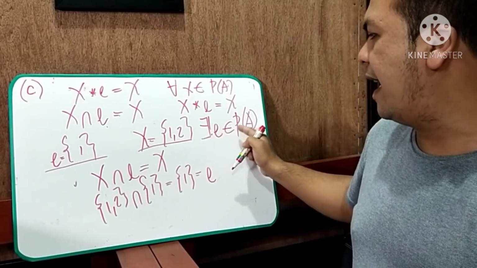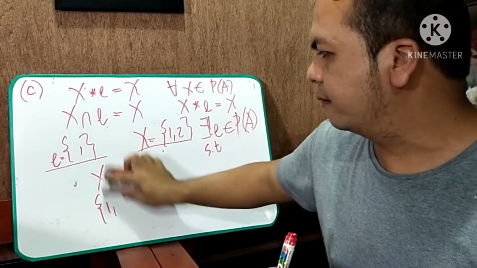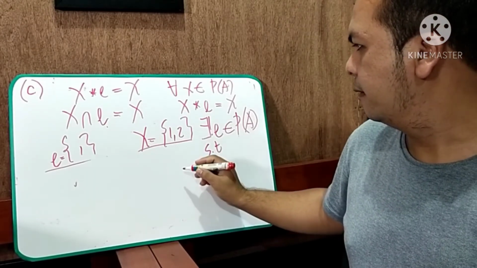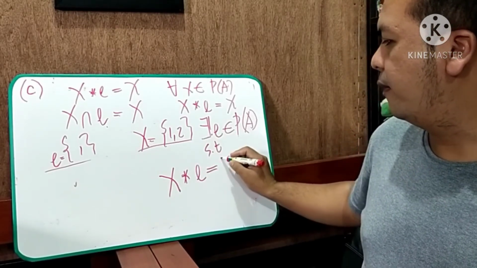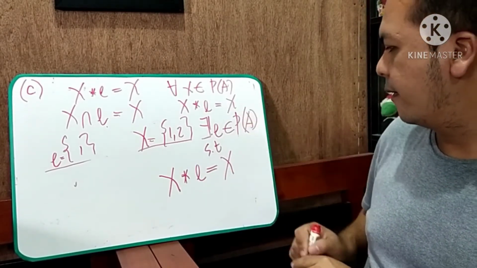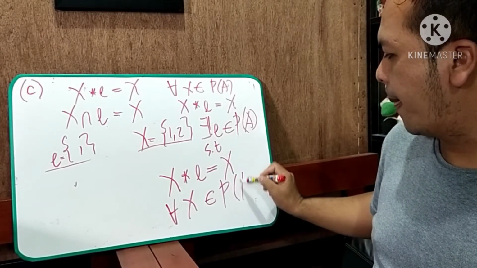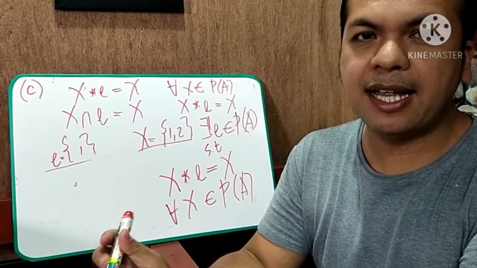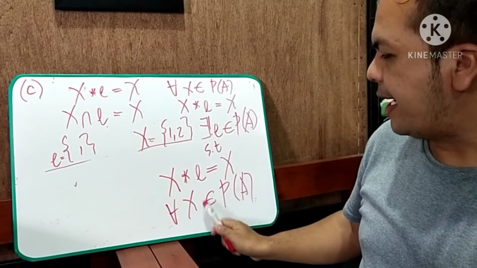There does not exist E element of the power set of A such that X star E is equal to X for all X element of P of A. So there is no identity set.